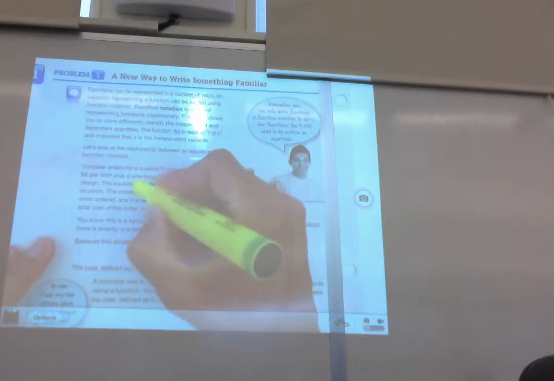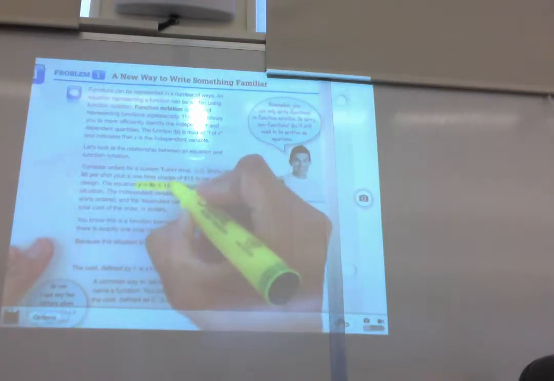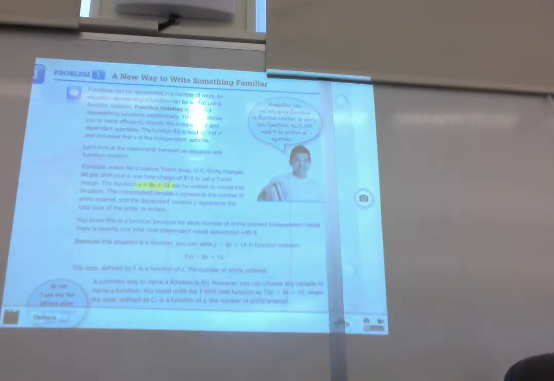The independent variable x represents the number of shirts ordered, and the dependent variable y represents the total cost of the order in dollars. You know this is a function because for each number of shirts ordered, independent value, there is exactly one total cost, dependent value, associated.